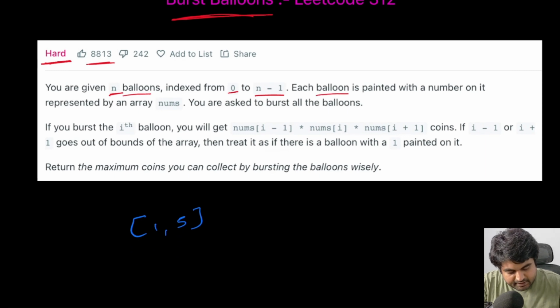Now each balloon is painted with a number on it. That number is represented in an array called nums, and we are being asked to burst all of these balloons. Now the number that is currently written on that particular balloon represents some sort of coin value.